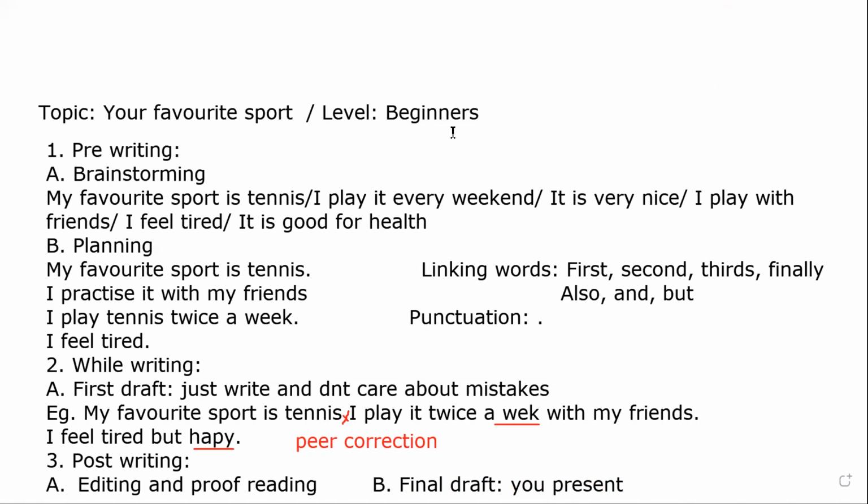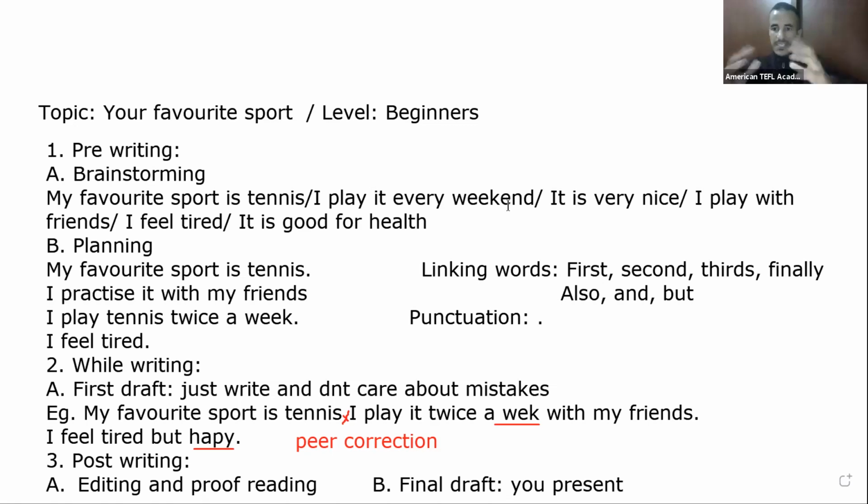Great, thank you. So now remember that a big mistake that novice teachers make is that from the very beginning, they ask students to start writing. No, that's why it's very challenging. It's very difficult. Number one is the pre-writing. Students should think of ideas, and you, the teacher, should help them with some vocabulary and ideas in mind.